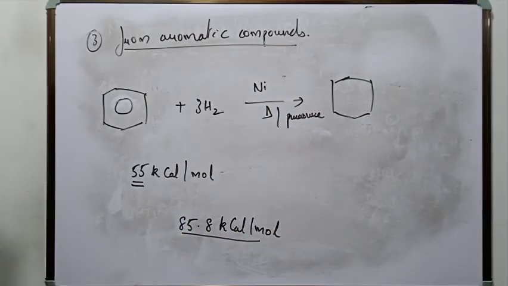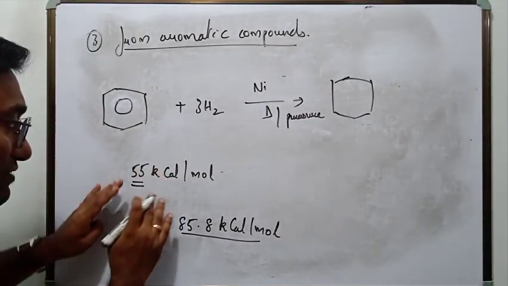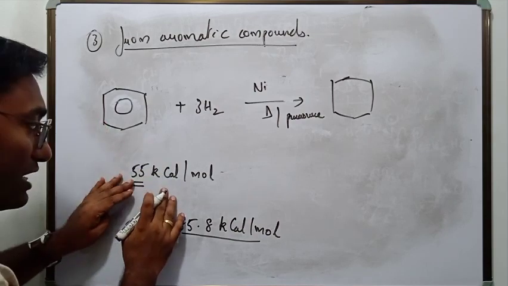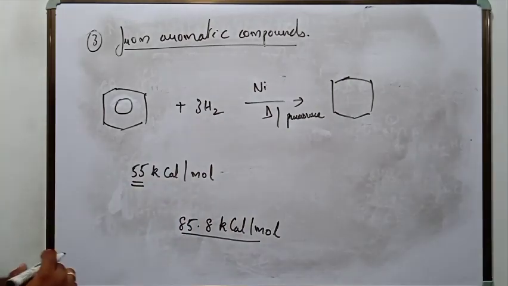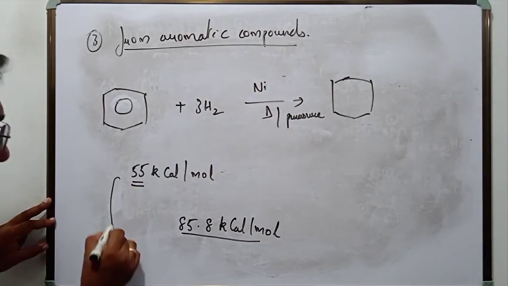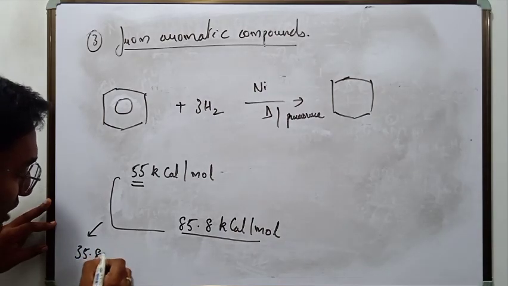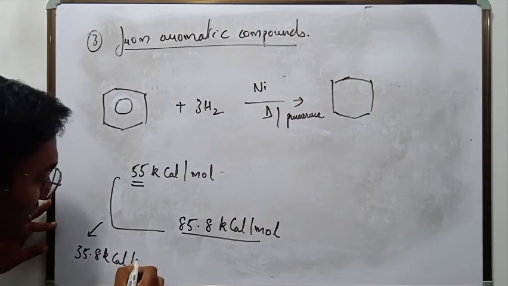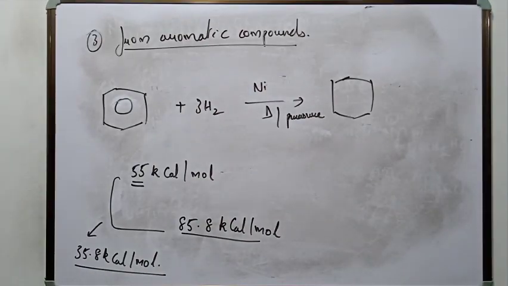But because benzene has resonance and is thermodynamically stable, only 55 kilocalorie per mole of energy is required. The subtraction of the two, that is 35.8 kilocalorie, is the actual resonance stabilization energy of benzene.